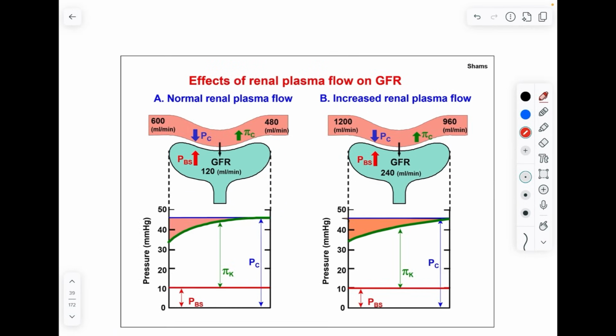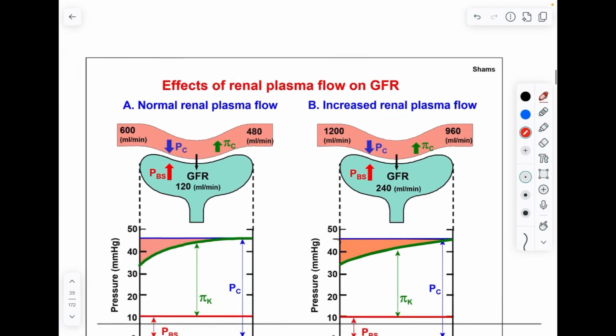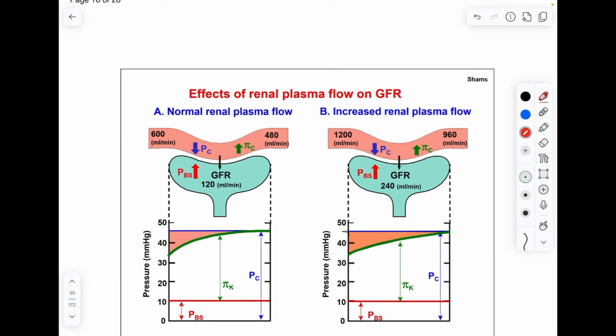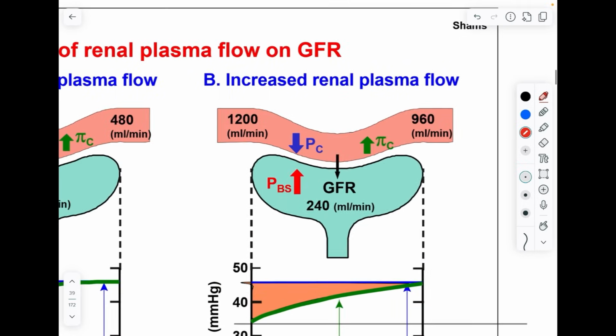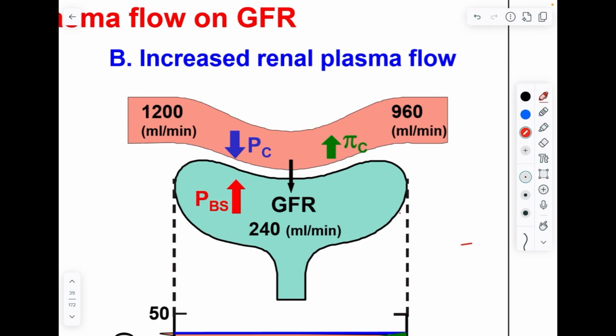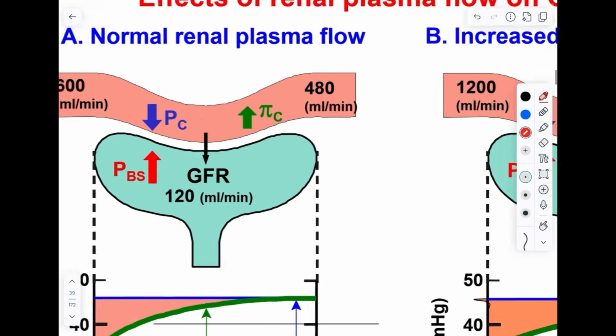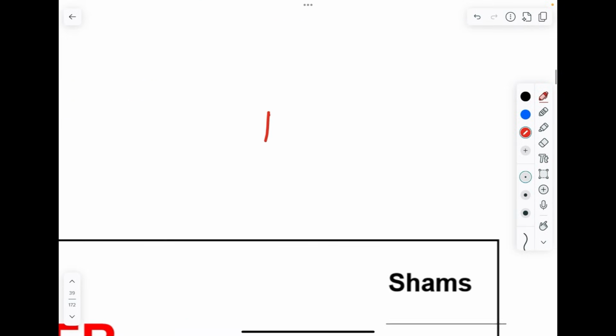Now, as we said, increasing the renal plasma flow increases GFR. Why? Because it will take more filtration to reach the same concentration of proteins that we need. How? I will tell you. So, as we said, our beautiful example, 1 liter, 10 proteins. If we have 2 liters, it's 20 proteins.